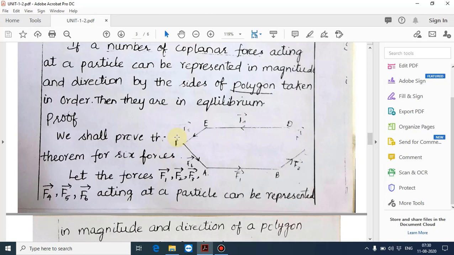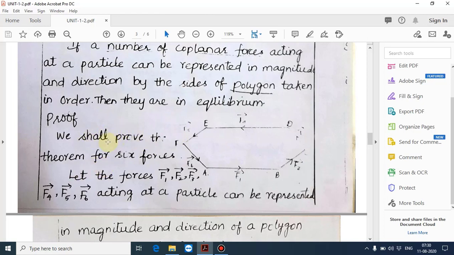What we have to prove is, if you are taking F1, F2, F3, F4, F5, F6, then F1 plus F2 plus F3 plus F4 plus F5 plus F6 is equal to 0. You see the proof.